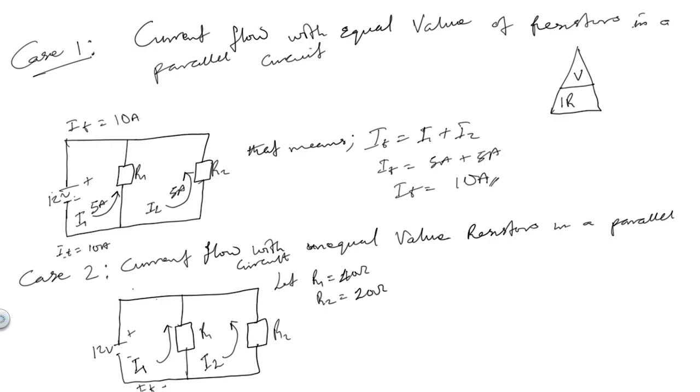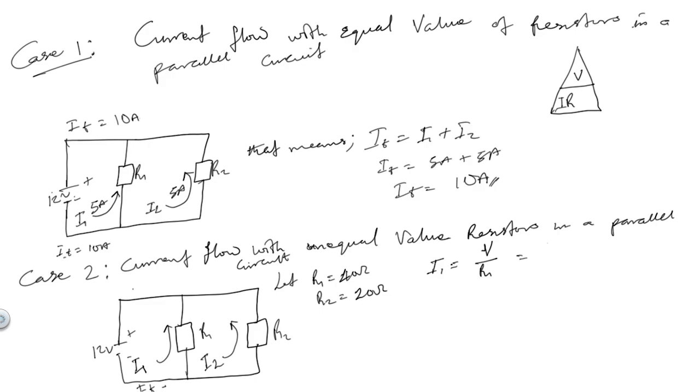Alright, so let's now calculate for I1. To calculate the current in the branch of I1, using this triangle, what do we have left? We would have V over R. So I1 is equal to V, our voltage source, over the value of the resistor in the branch, R1.